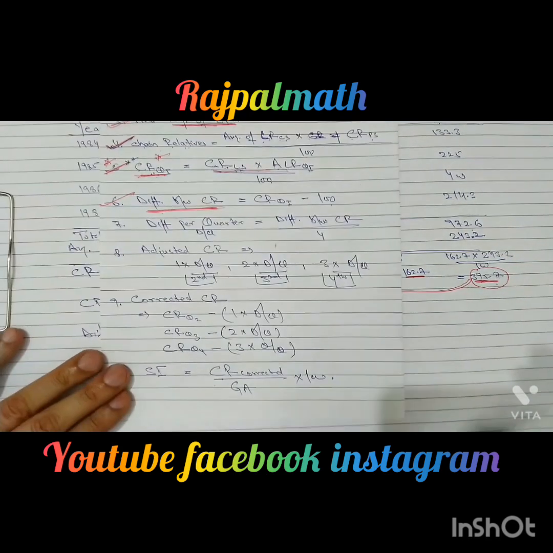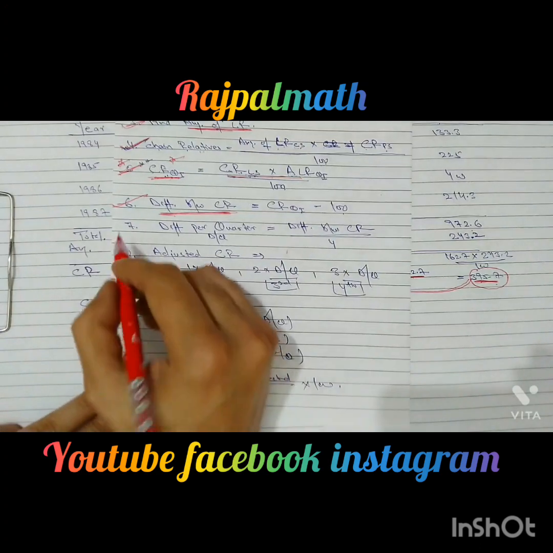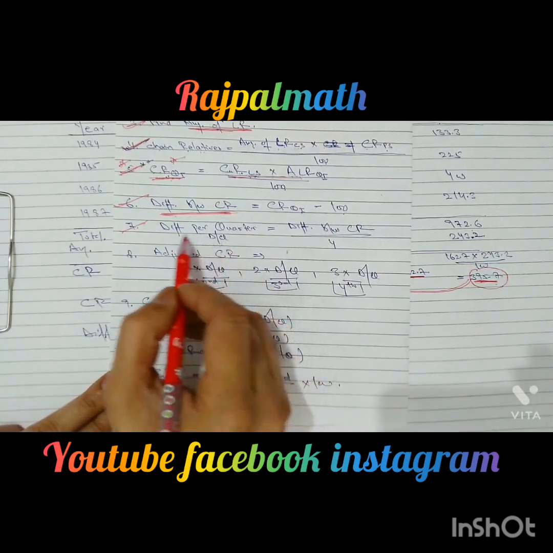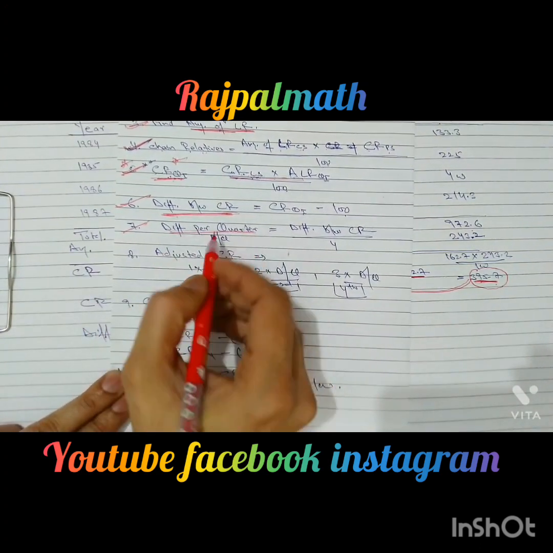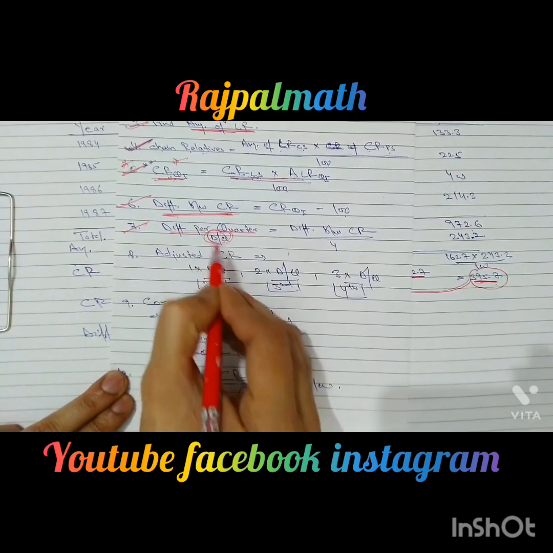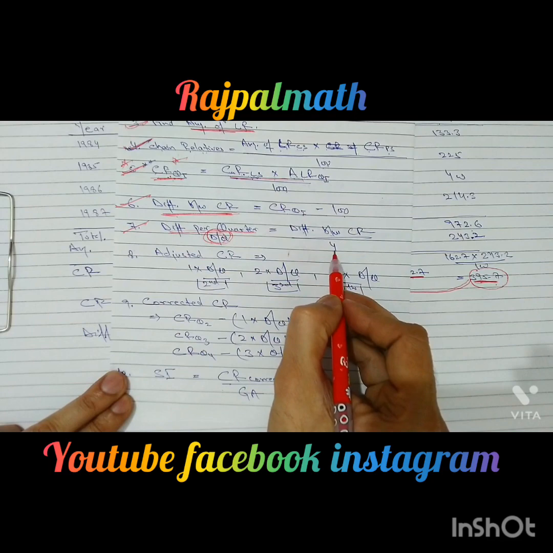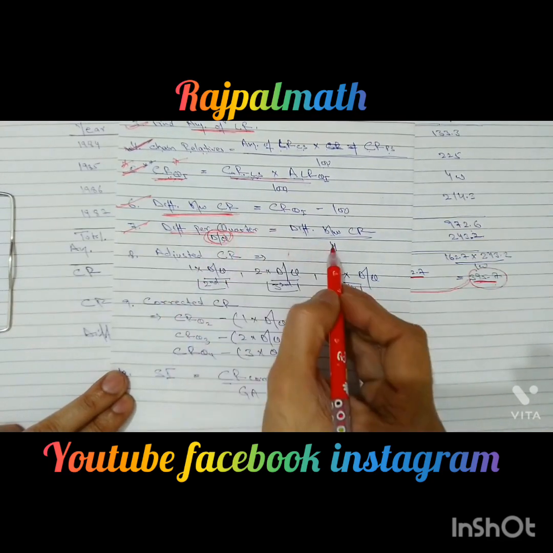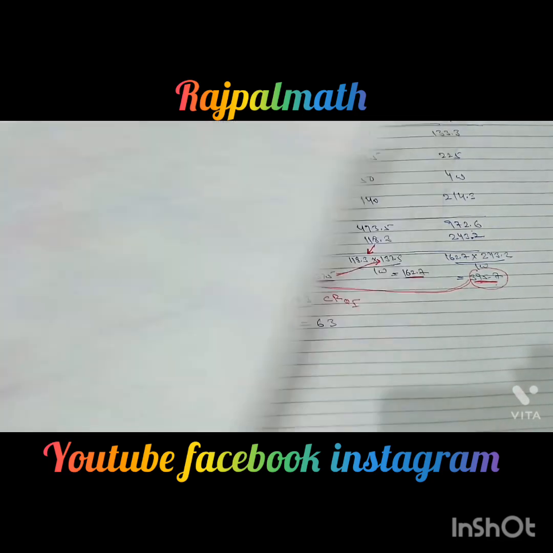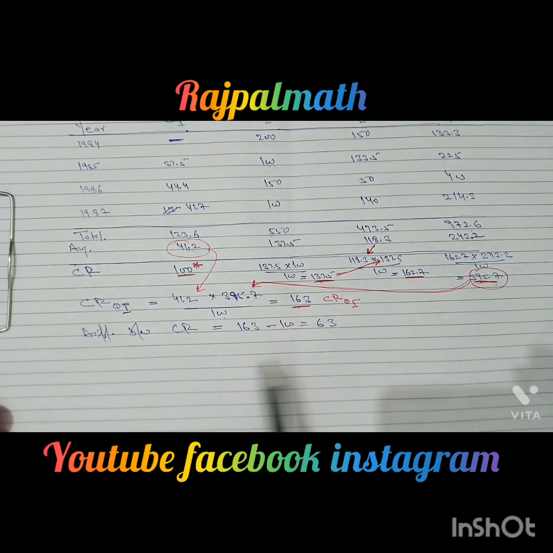Now the 7th step: difference per quarter, which means D by Q. Difference per quarter means the difference between CRs divided by 4, that is, step number 6 divided by 4. The answer of step number 6 was 63.